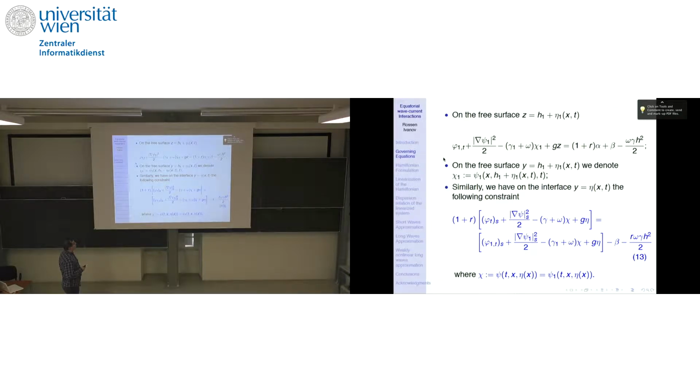So the problem is such that if we know the motion on the surface and the interface, on the bottom, of course, we don't have vertical motion, we can, from analyticity, extend into the bulk of the fluid.